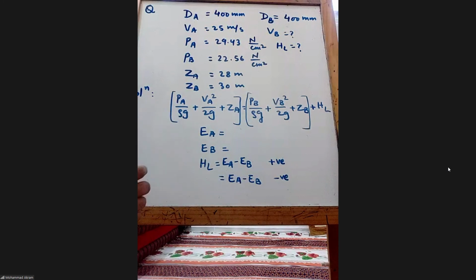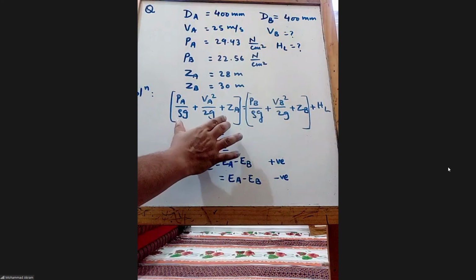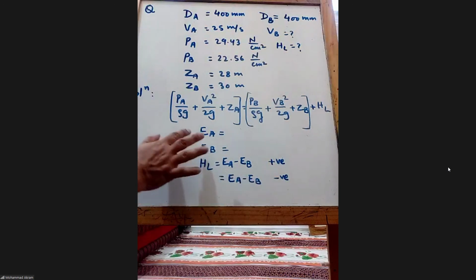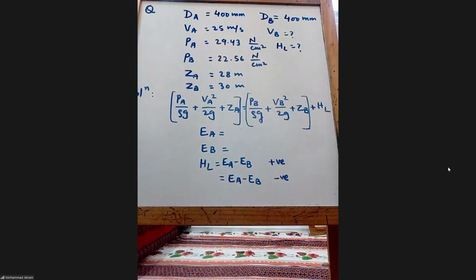But in some problems, it will be given that you need to find the direction of flow as well. In that case, you need to take the energy difference at 1 and 2, or A and B. Or you don't even need to take the difference.